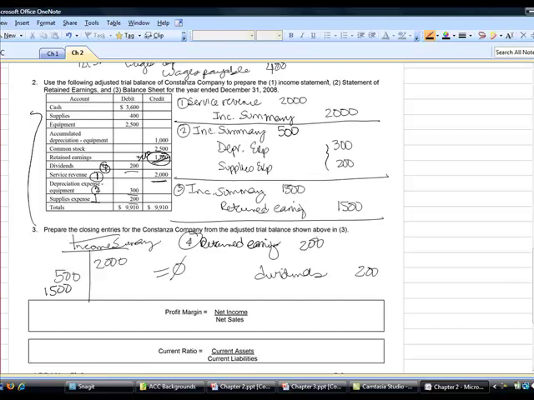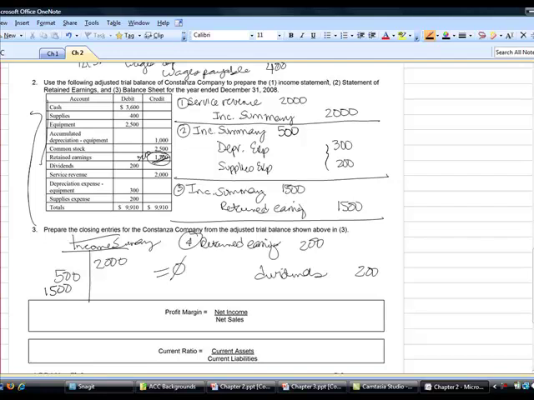So that now when we post each of these entries, we're going to wipe out dividends, revenue, and our expenses, and our post-closing trial balance would end with retained earnings, a balance of $3,200. This would be our post-closing trial balance. All the rest of this would be eliminated.